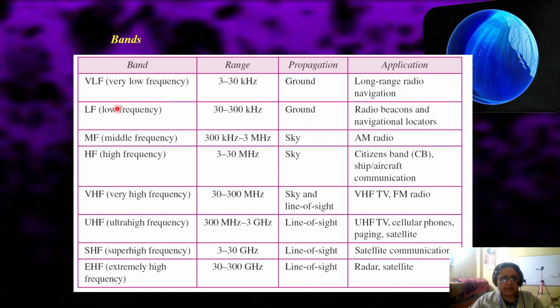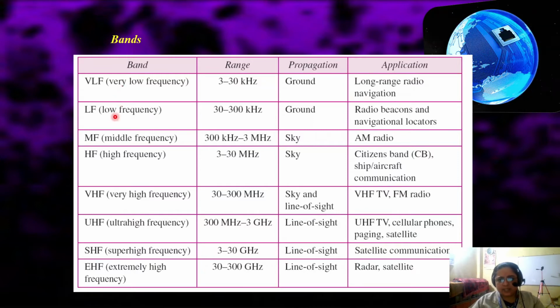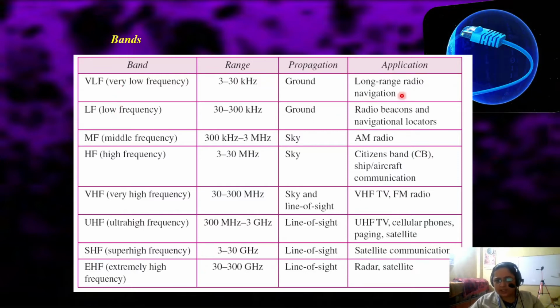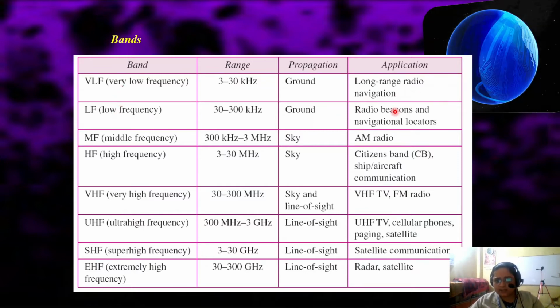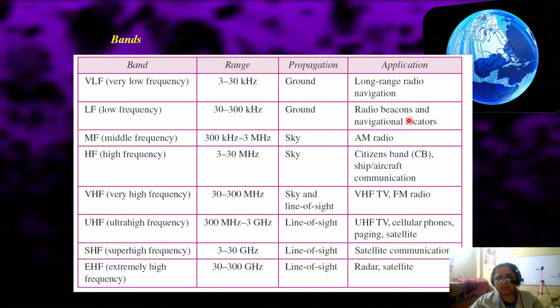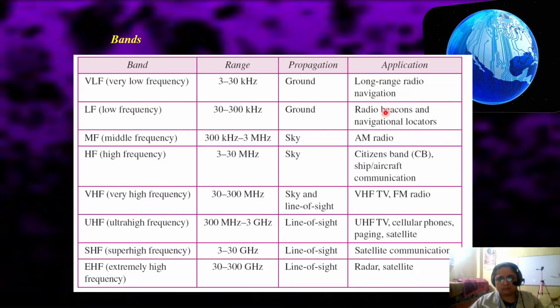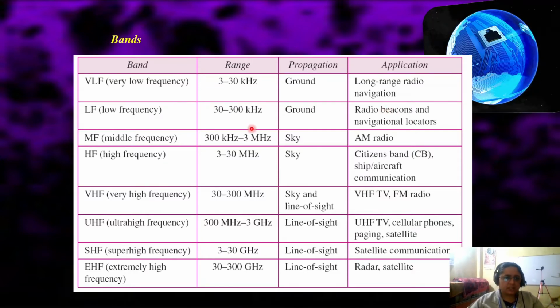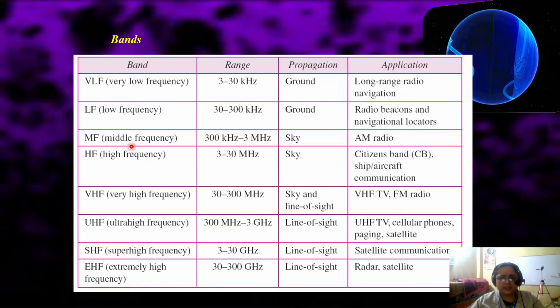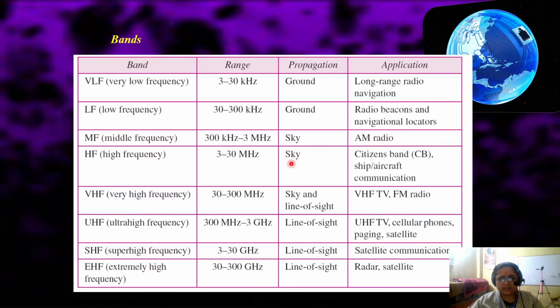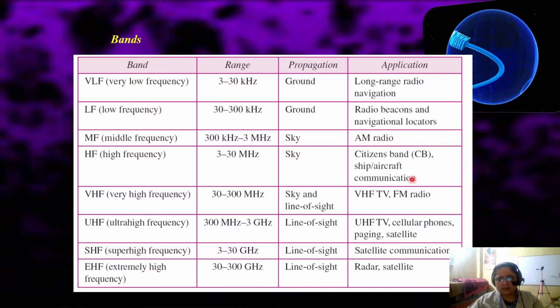They are very low frequency and normally used for long range radio navigation, radio beacons, and navigational locators, usually used by naval forces, who have to travel most of the time over the sea. Then MF, that is middle frequency, which is AM radio, and HF, high frequency, which is citizens band, ship and aircraft communication.